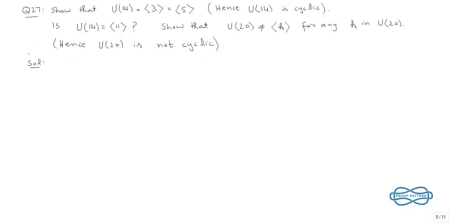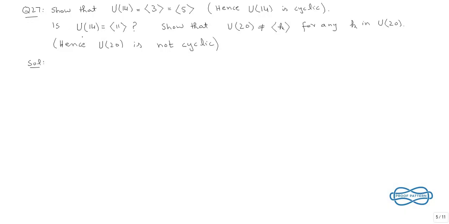The question number 27. The statement is to show that the unitary group U14 can be generated by 3 and also it can be generated by 5. Hence, the unitary group under multiplication modulo 14 is cyclic.